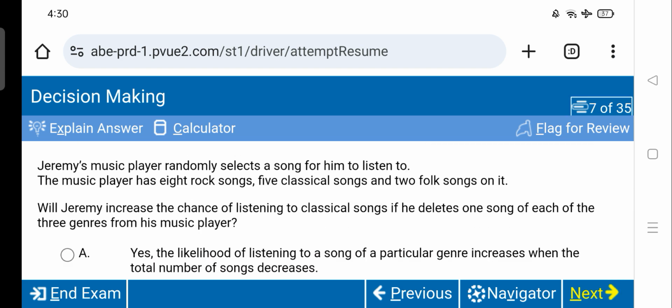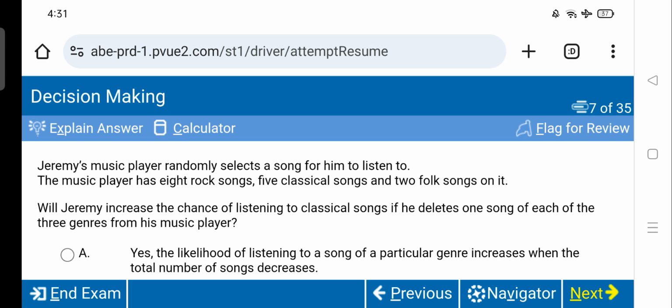Next we have question number 7. It says, Jeremy's music player randomly selects a song for him to listen to. The music player has 8 rock songs, 5 classical songs and 2 folk songs on it.